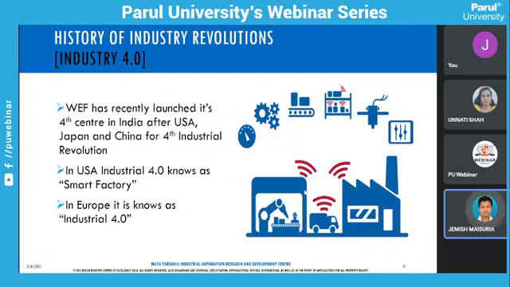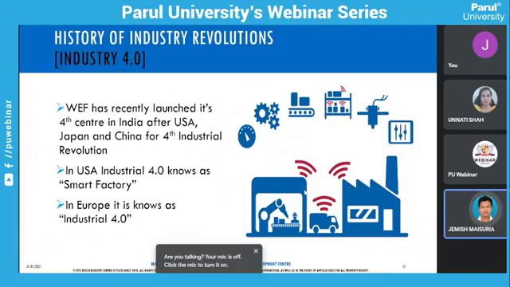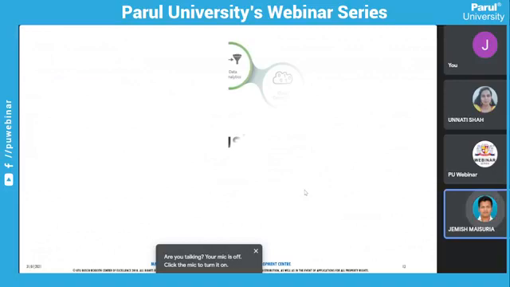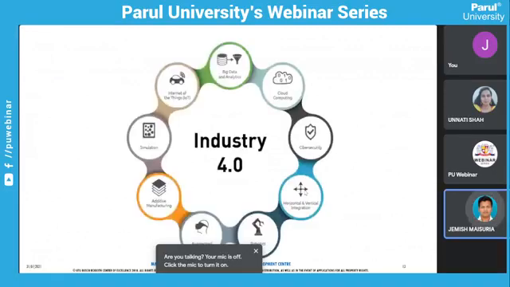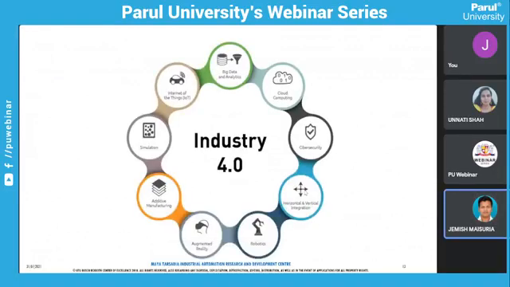Okay, and this particularly, you can say Industry 4.0, can be called a smart factory in the USA and Industrie 4.0 in Europe. Okay, so these are, you can say, the elements or technologies which are used in Industry 4.0.